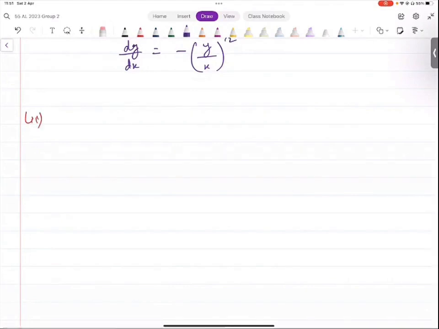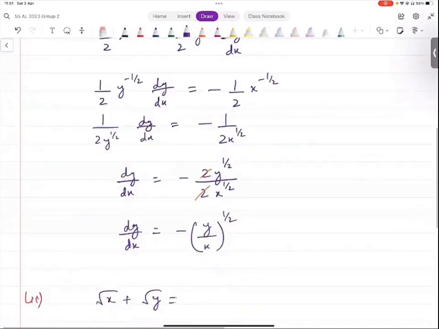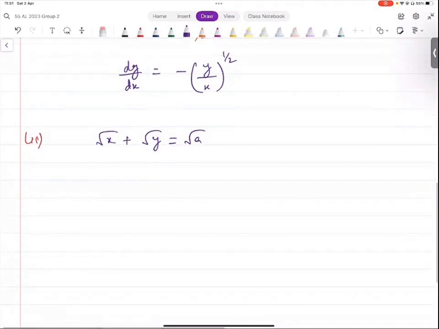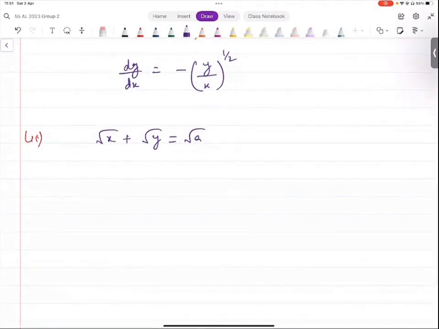We've got square root of x plus square root of y equals square root of a. And the second equation is y equals x. So इसमें क्या करते हैं? We put y equals x. इसमें input कर दें.